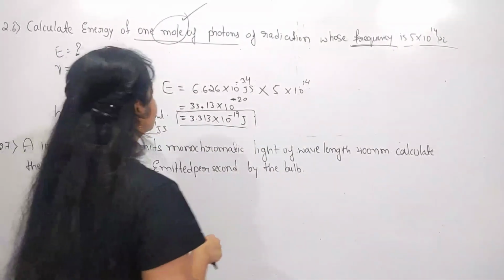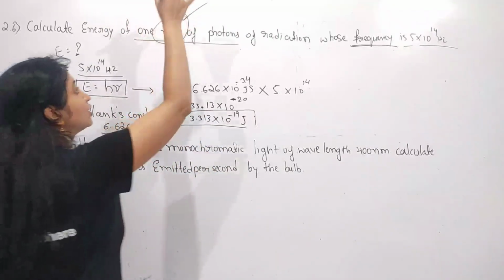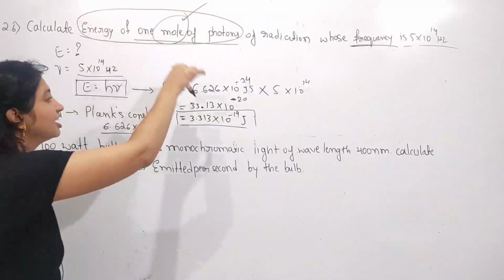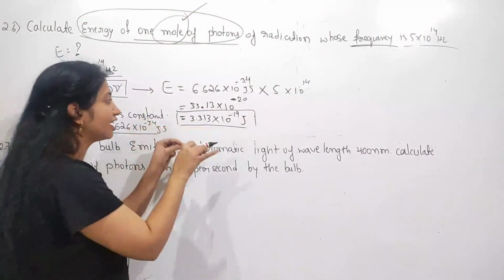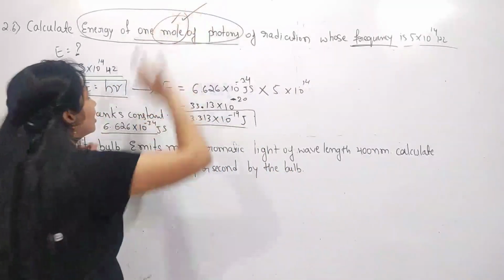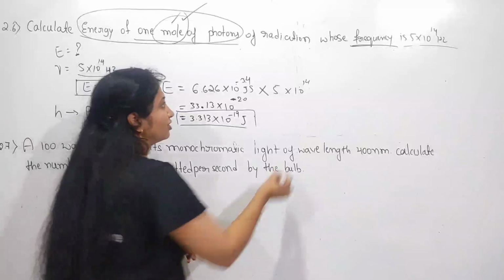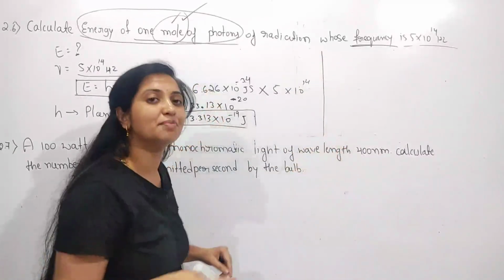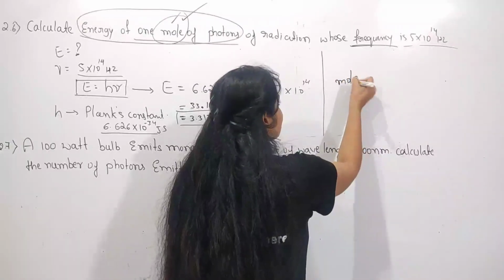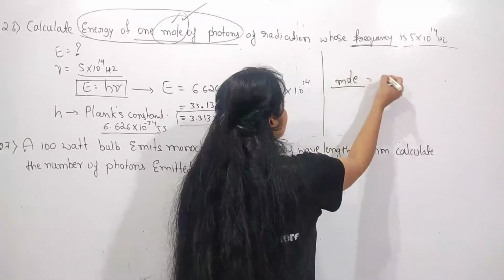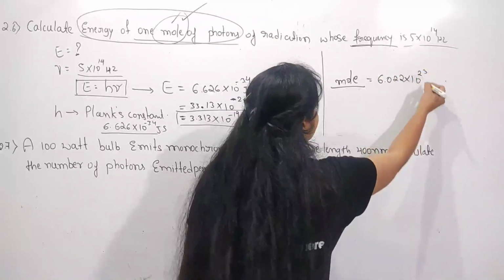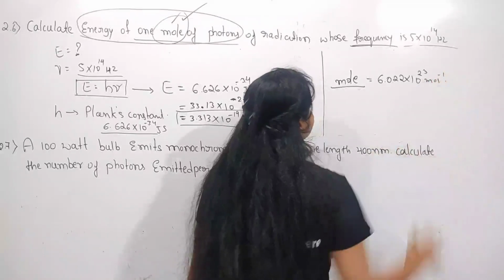What did they ask us? The energy of 1 mole of photons. But here we have found only the energy of 1 photon. As you know from the first chapter, the basic concepts of chemistry, 1 mole is equal to 6.022 × 10^23 per mole.